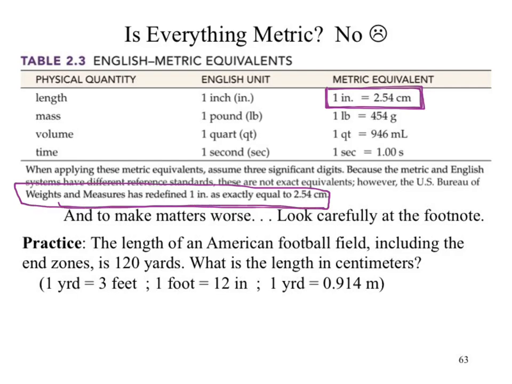What does that little tiny footnote say? That's exact. The 1 inch to centimeters is defined as 2.54. As soon as it is defined, it is now exact. Isn't that lovely?